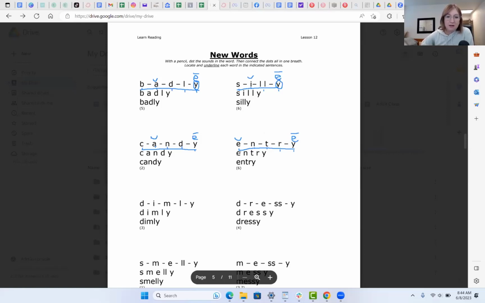So when you separate the sounds, we have E, N, T, E. And when you slowly combine those sounds, we have entry, entry, like the entryway of a house, entry. All right, beautiful, well done.